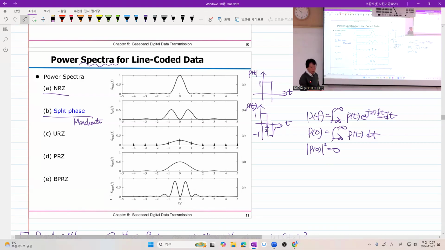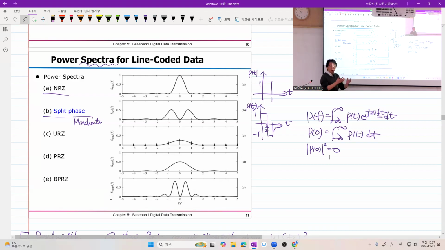However, let me emphasize one. This third one, for unipolar return to zero, has something strange here. What is your guess? Dirac delta functions. You have Dirac delta functions in the mathematically defined power spectral density.